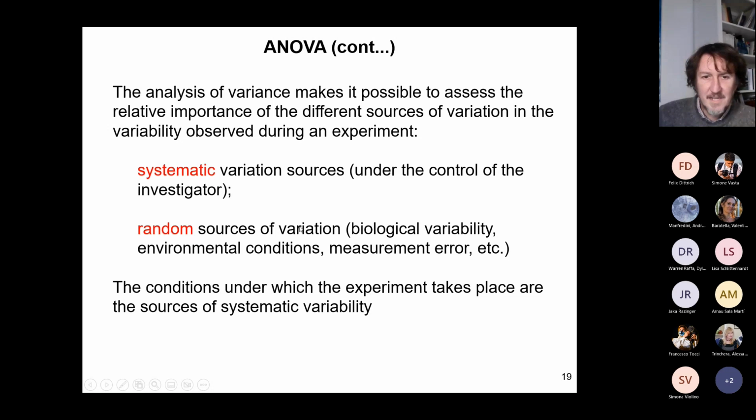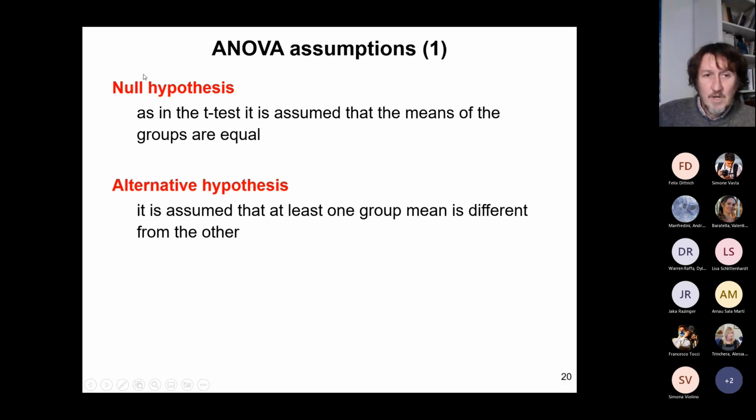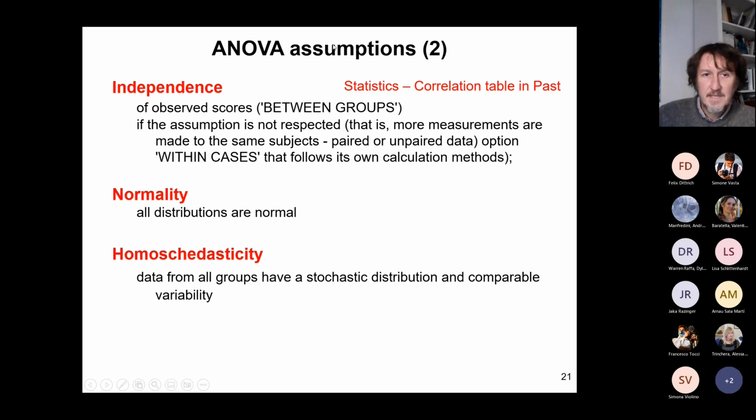And we have to observe whether the systematic variation or the random variation is prevalent. This is the game. The null hypothesis is similar to the t-test one, so it is assumed that the means of all the groups are equal, and the alternative is that at least one group mean is different from the other. The assumptions are similar, of course.